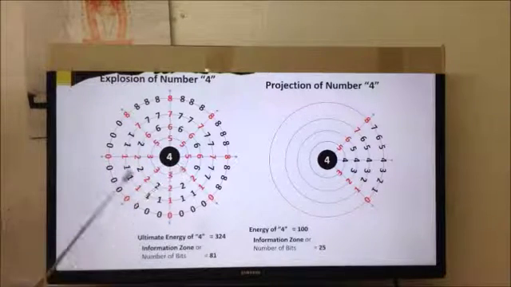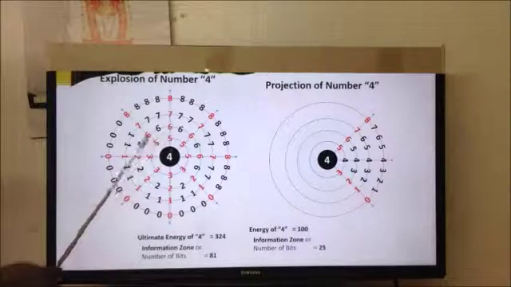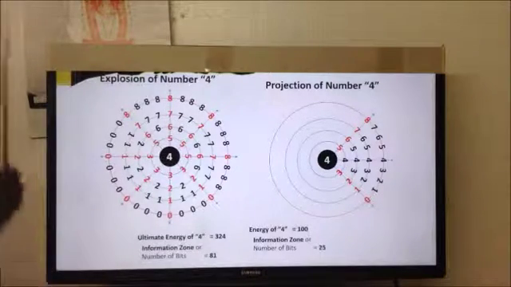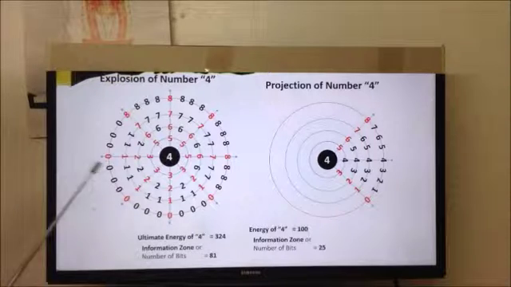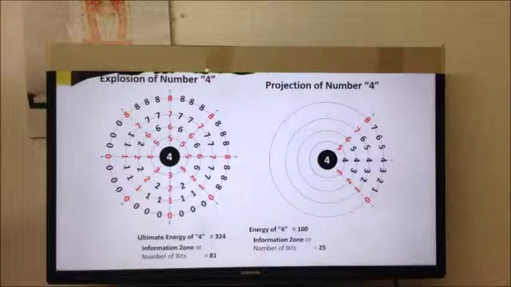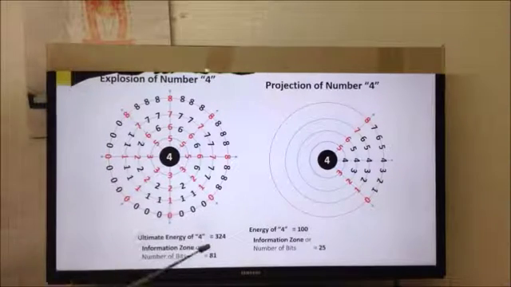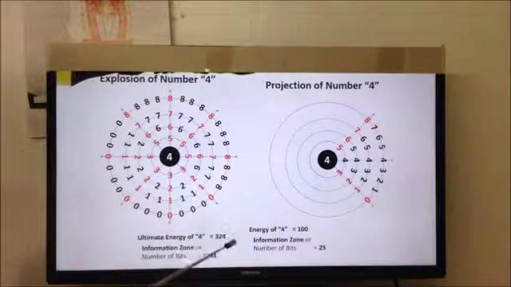When the number explodes, all these values will come out of number 4. If you sum all of them, including 4 itself, you have 324.